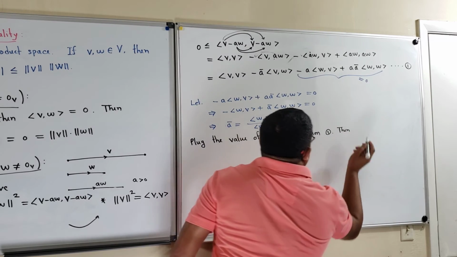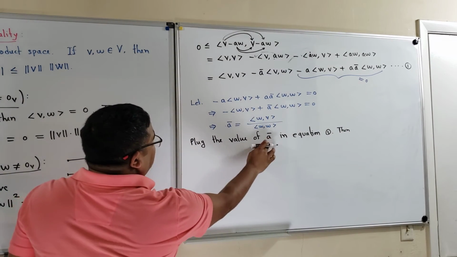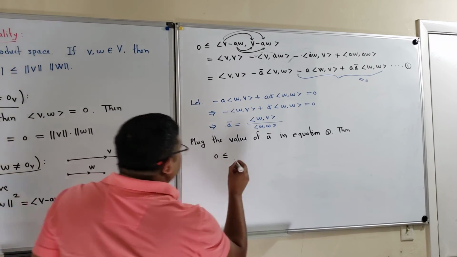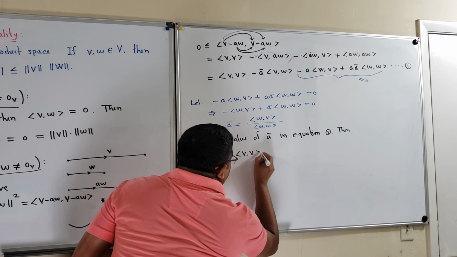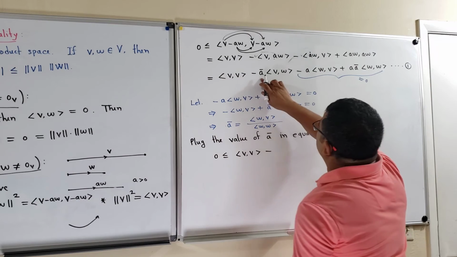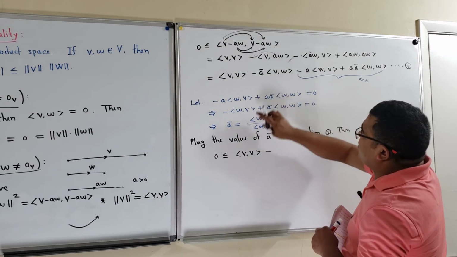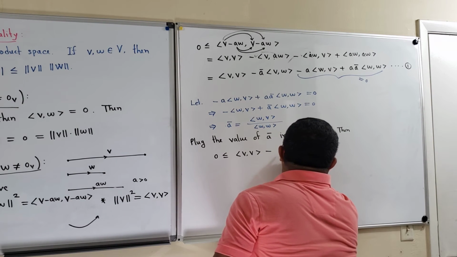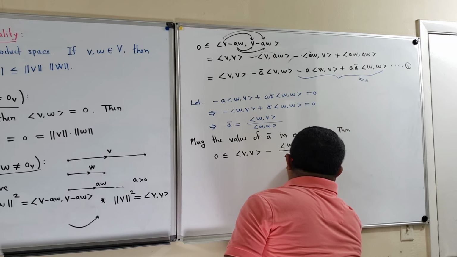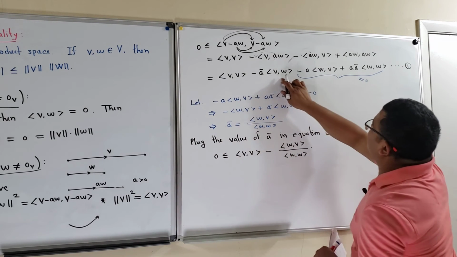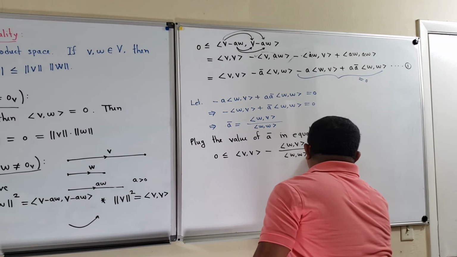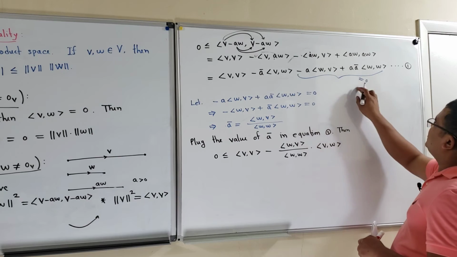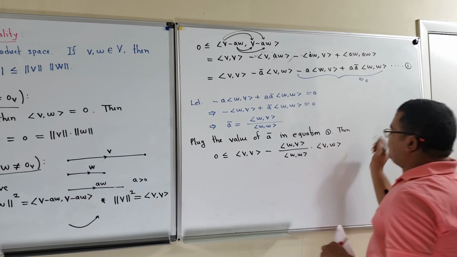then so if we plug the value of A conjugate here, so 0 is less than or equal to inner product of V, V minus A conjugate. Okay, so what is the value of A conjugate? It's this one, inner product of W, V over inner product of W, W times this one, inner product of V, W. We do not need to write this part because we said this part equals to 0.